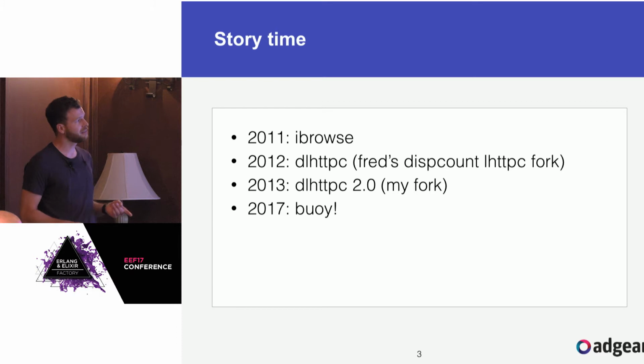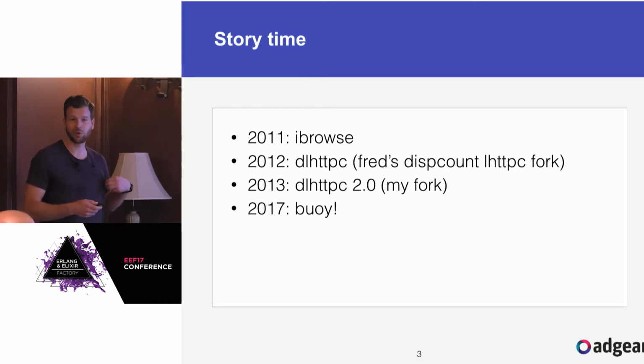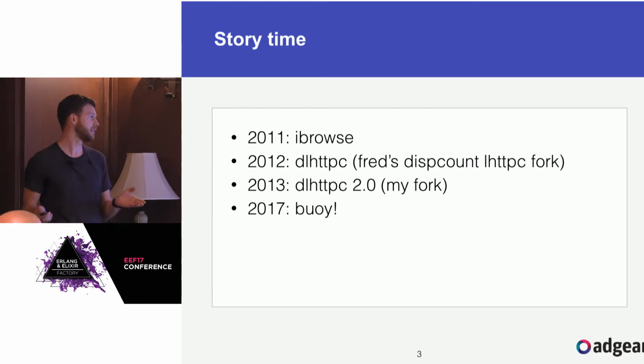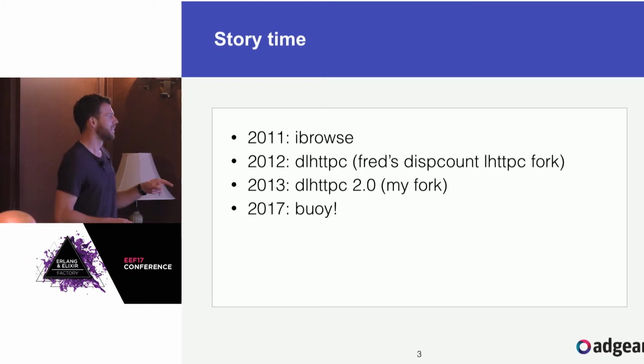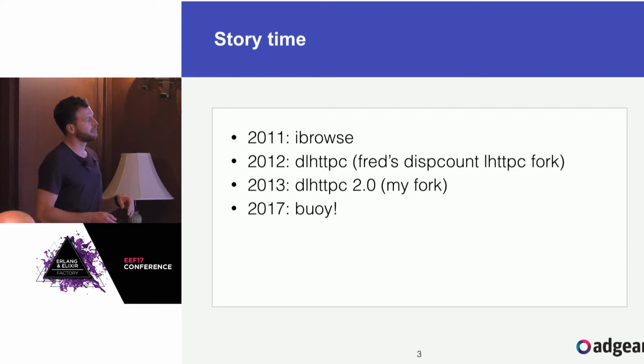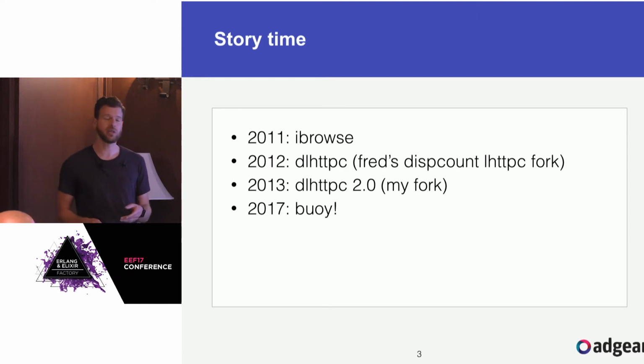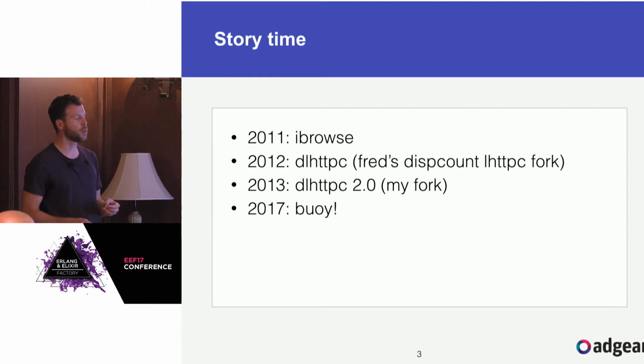Starting 2011, Fred Hébert, who used to work with us at AdGear but decided to leave, actually built something called dihttpc that he presented here a couple years back. Dihttpc was a way to add back pressure so that we don't get overloaded by sending messages to processes.